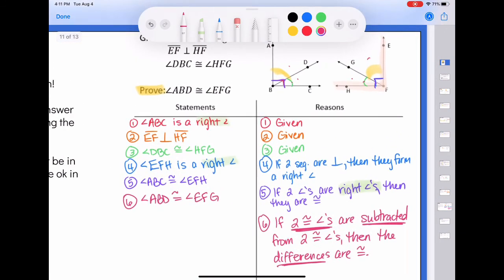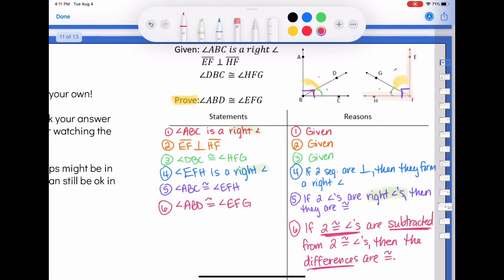Now, if you did that on your own and you didn't necessarily notice the subtraction property, but you went back to that complementary theorem we did in 2.4, you could have absolutely done that. You would have still needed to say that you have a right angle, but then in step 5, right here, instead of saying that the right angles were congruent, you could have said that you had complementary angles.